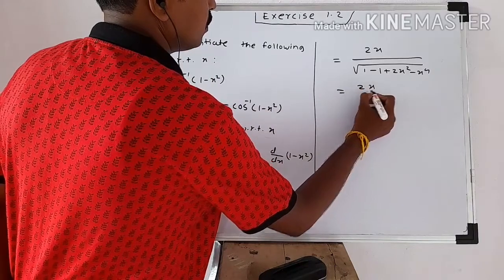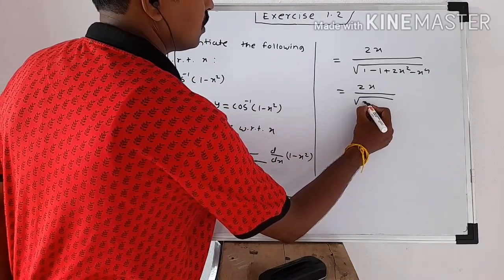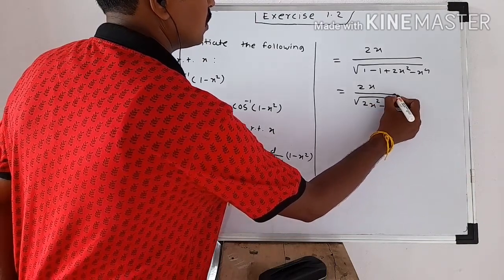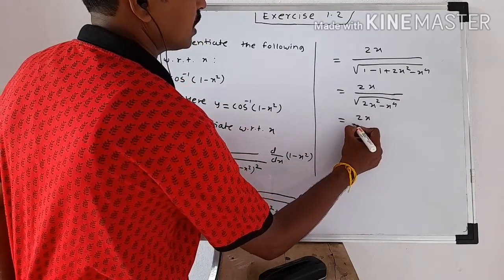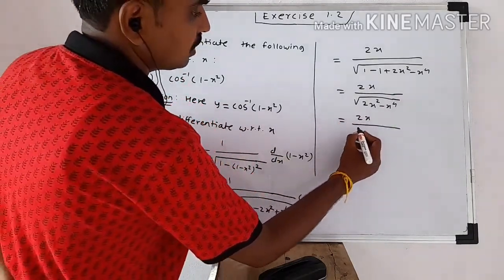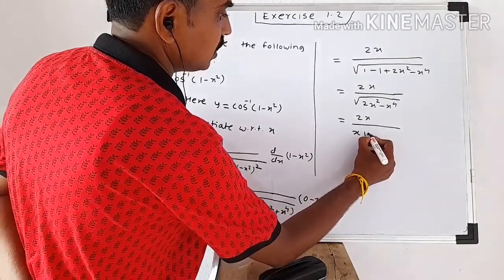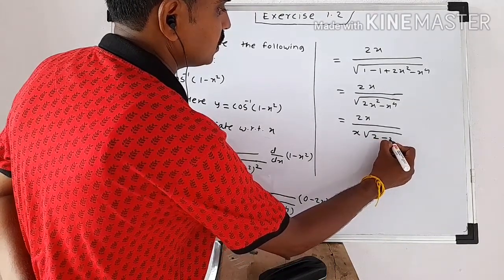Now here 2x divided by root sign 2x square minus x raised to 4. Now we can take x square common here. If we take x square common, then outside the root sign x will be there, and the expression in root sign will be 2 minus x square.